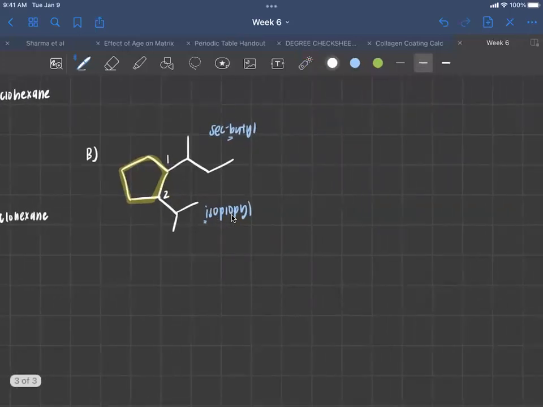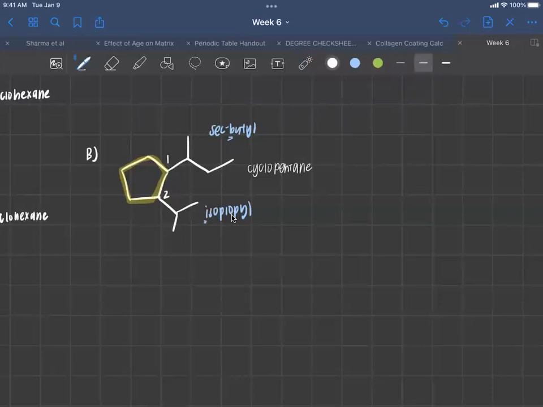Again, we have 5 carbons that has the prefix of pent. We're dealing with alkane, so we add ane. And of course, by now, we probably are really familiar that if we have a cyclic alkane, we add the cyclo prefix. So we have a cyclopentane being our parent chain.